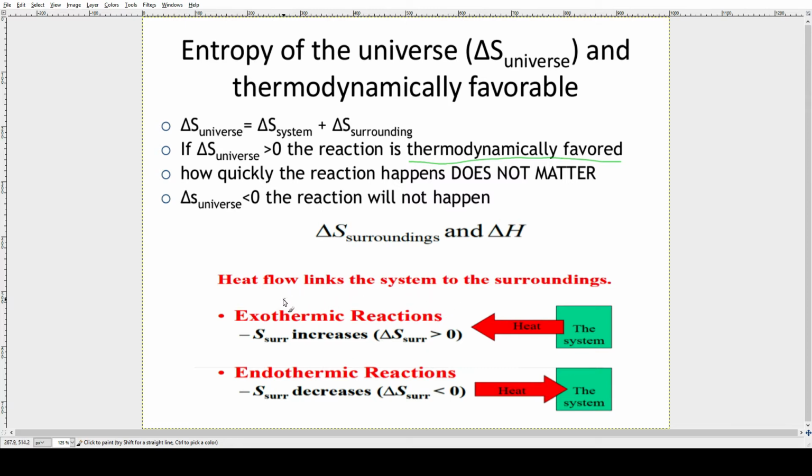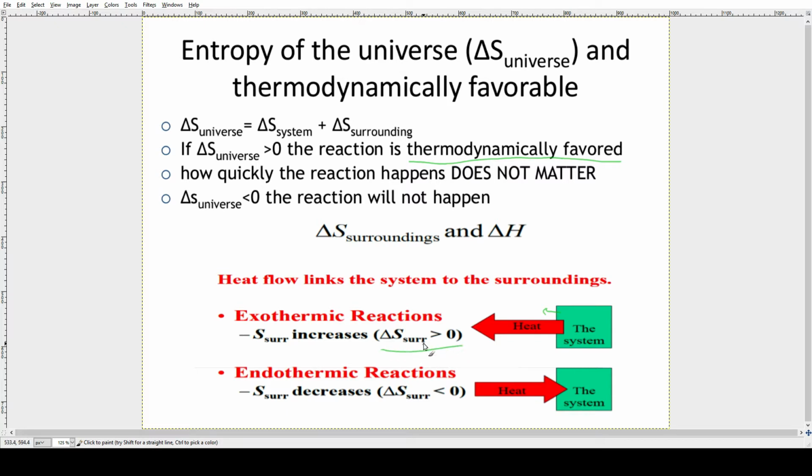The heat flow links the system to the surroundings. So if heat is leaving the system, then heat is entering the surroundings, and you could call this an exothermic reaction. Since the heat is leaving the system, the surroundings are gaining energy, gaining heat, which is probably making them more chaotic, which is increasing the entropy.